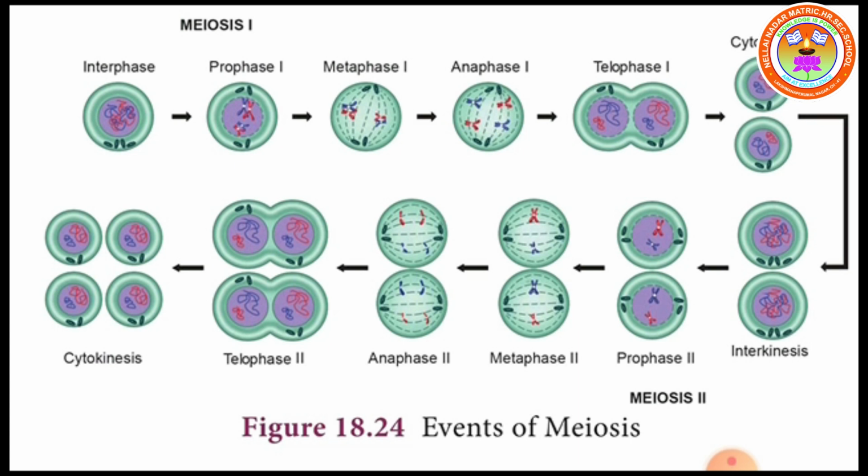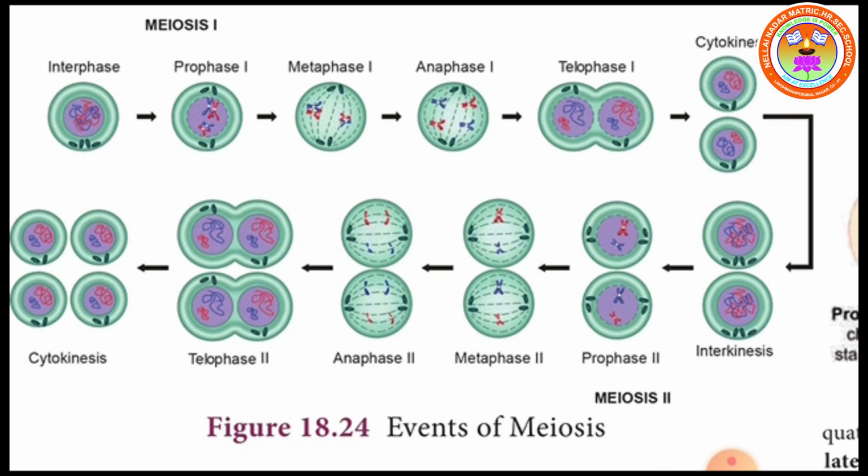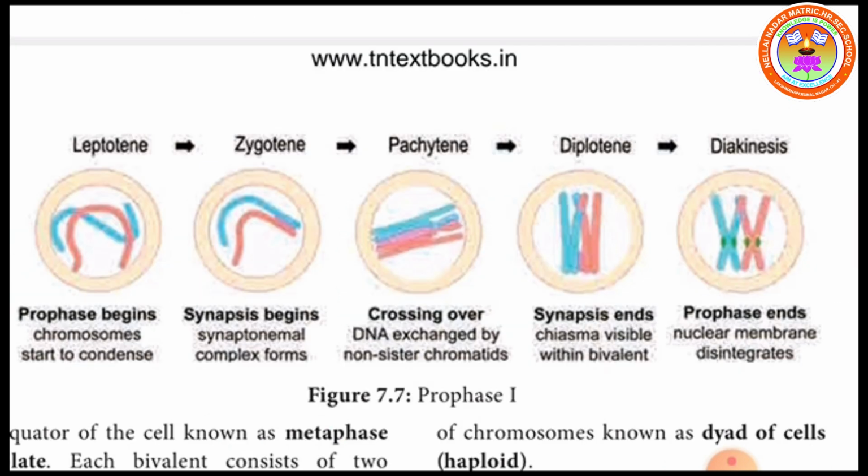Prophase 1 is further divided into 5 substages, as you are aware: leptotene, zygotene, pachytene, diplotene, and diakinesis. In the pachytene stage of prophase 1, crossing over takes place. All that we discussed in the previous class.